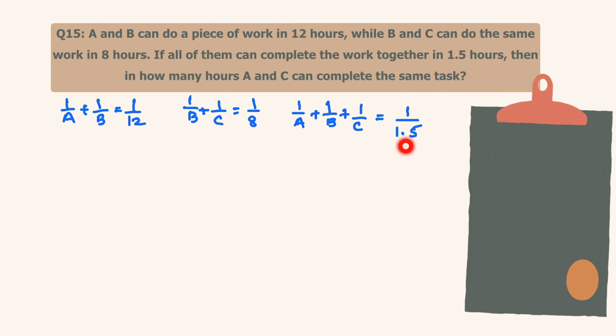For those of you who don't know what 1.5 is as a fraction, you can do this. You multiply 10 in the numerator and the denominator. See, 10 and 10 cancel out and you will get the same 1.5.